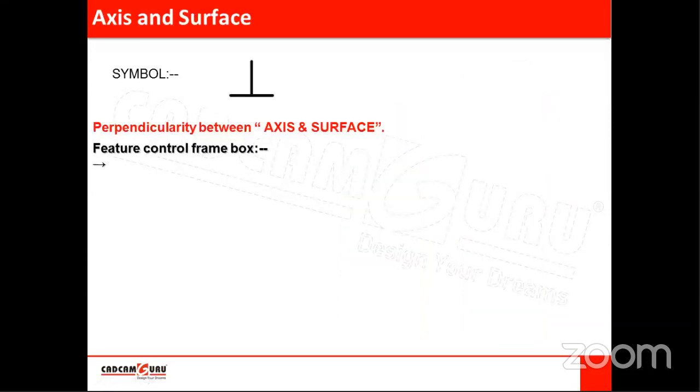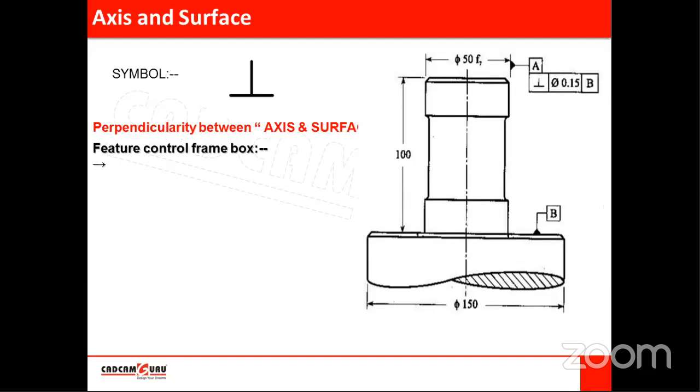So we have discussed perpendicularity between two surfaces. Now we go for perpendicularity between surface and axis. The symbol is the same, and this is the requirement. You can check perpendicularity of this pin with respect to this bottom surface, meaning perpendicularity of this axis with respect to the bottom surface.